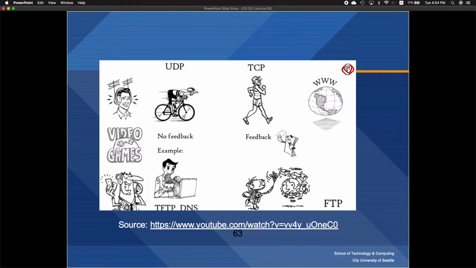To make it more clear, when we say TCP, it requires feedback. For example, if you're sending email or text messages, it requires the sender to complete the message before it's being sent, right? And you always receive all the message or nothing at all. It's not halfway. Again, unlike UDP, it doesn't care if the audio is complete or not. It's just gonna try to send it, right?